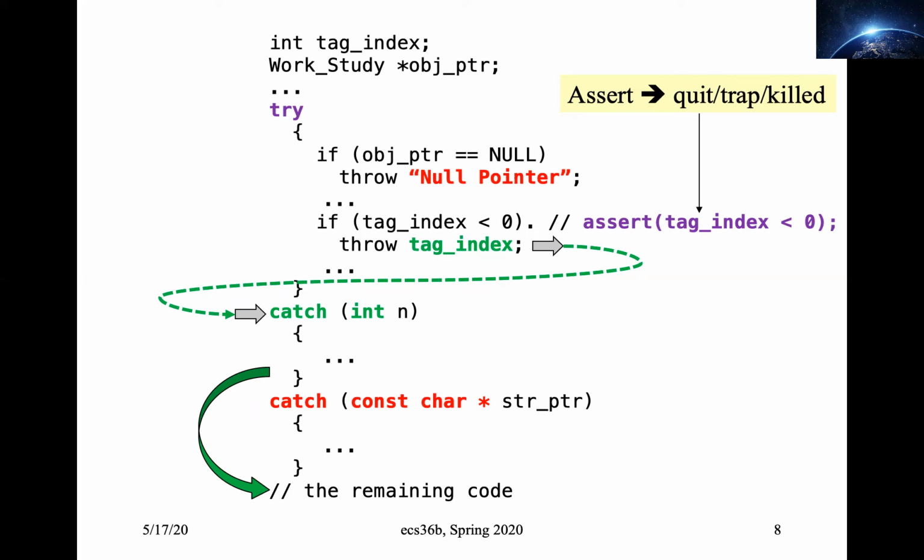So now you know the control flow already. Now you know it's matching the parameter type and then the information you pass.